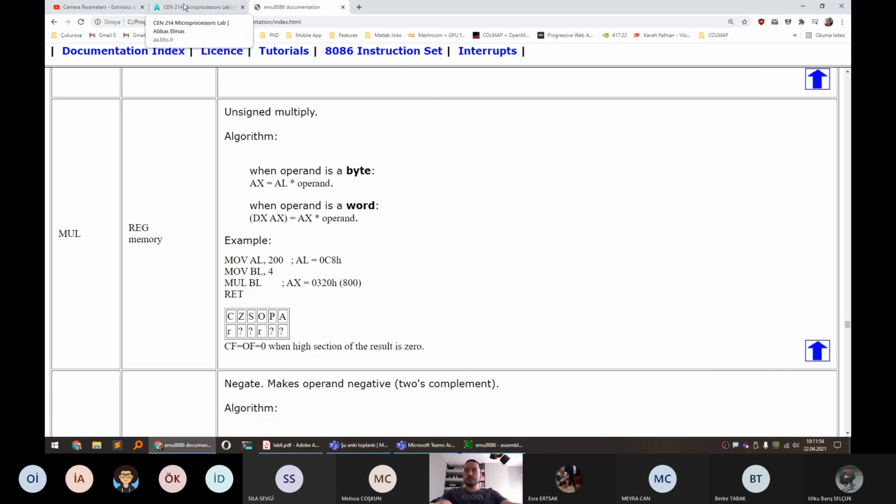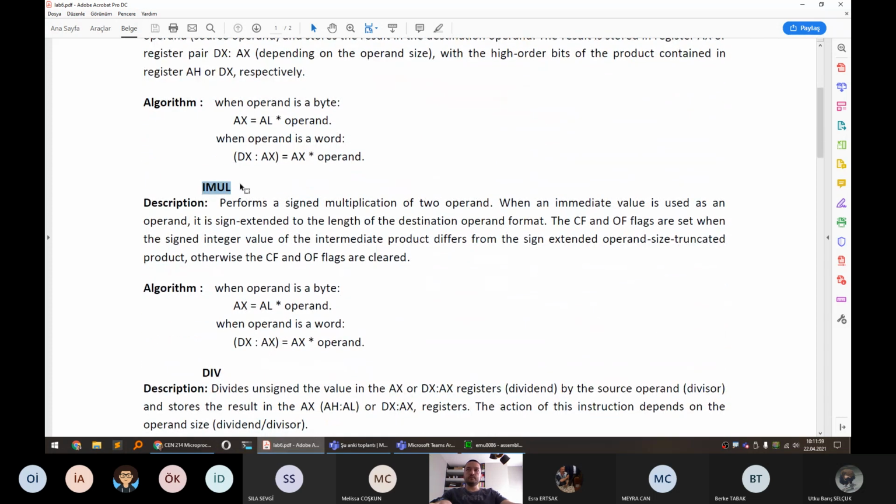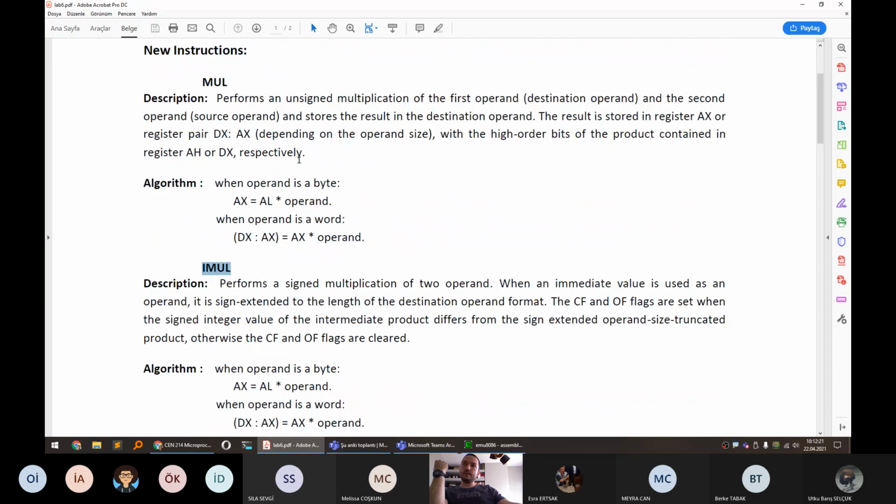So the next instruction, I multiplication. IMUL does exactly the same thing, but it looks at the signed values. You can't multiply signed values with the MUL instruction, because it does not look at the sign.